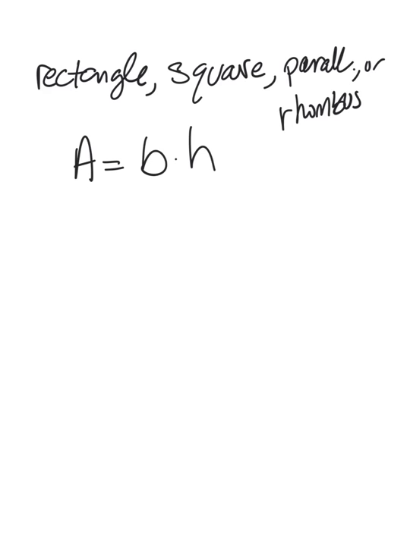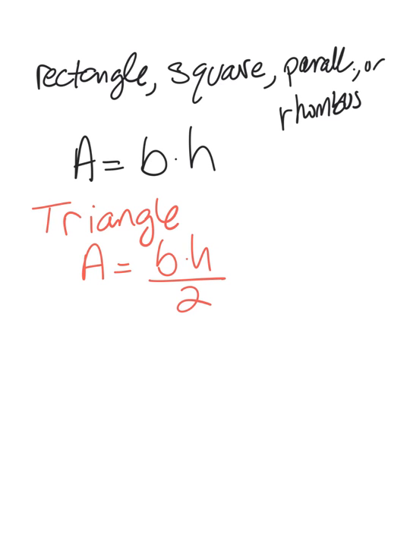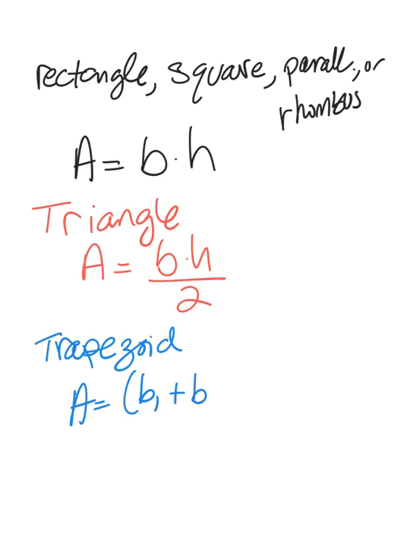If you have a triangle, the area is base times height divided by 2. If you have a trapezoid, then the area is the two bases added together, base 1 plus base 2, times your height divided by 2.